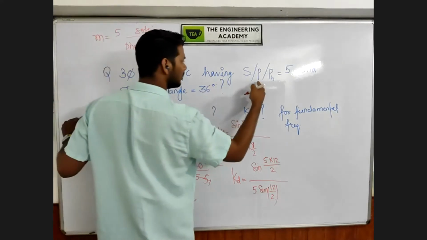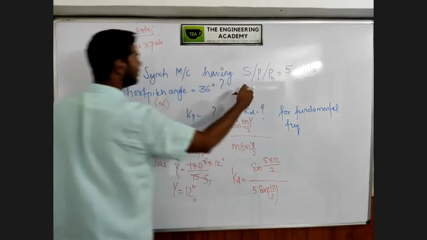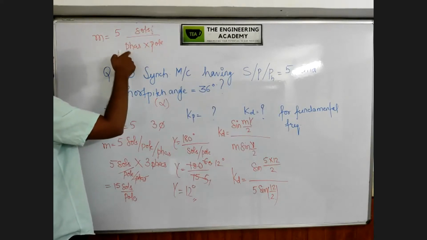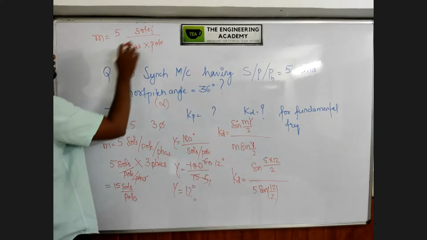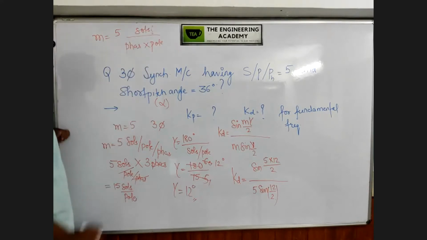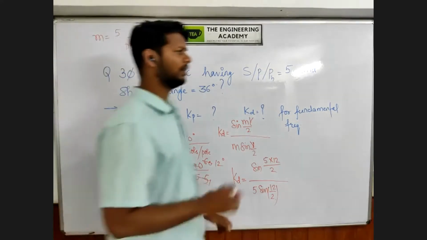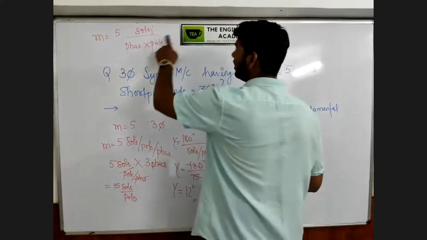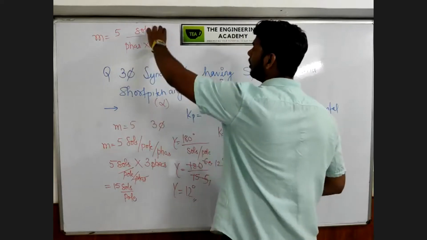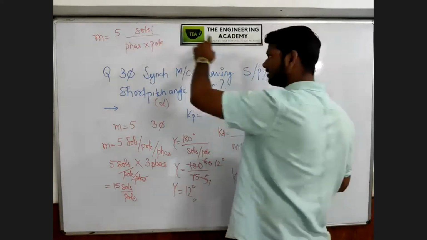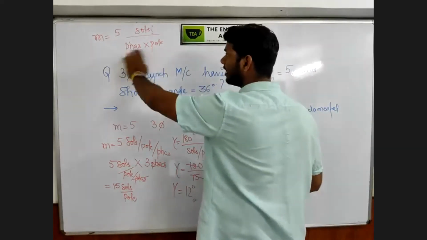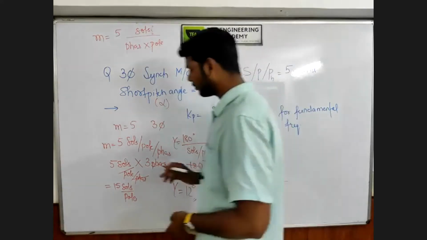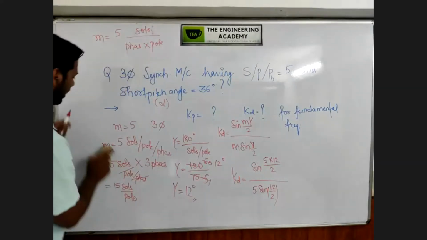This means slots per pole per phase. If I multiply this value with phases, any phases, 6 phases, 3 phases, 12 phases, any phases, then that phase and this phase will cancel out, and at the end we will remain with slots per pole. So that's why I've written this.